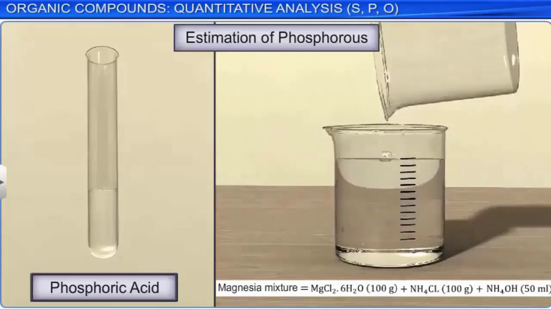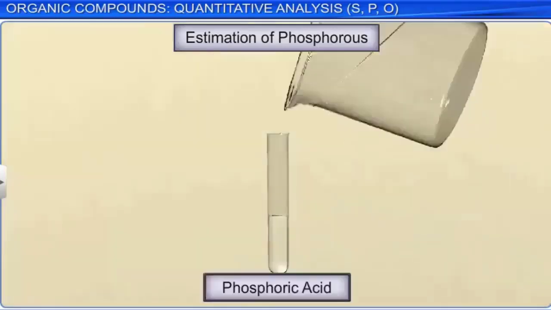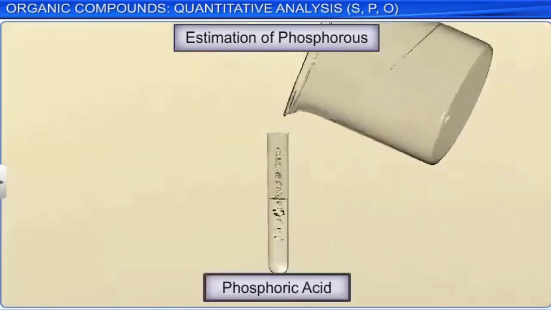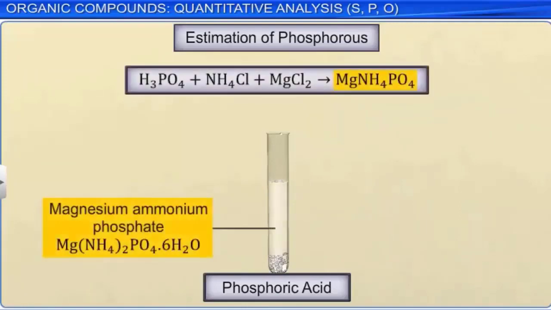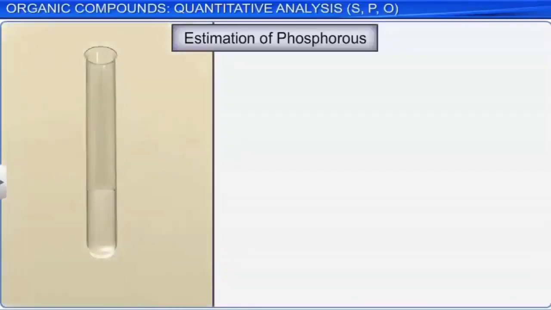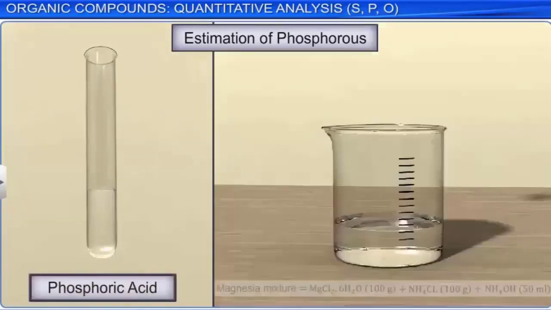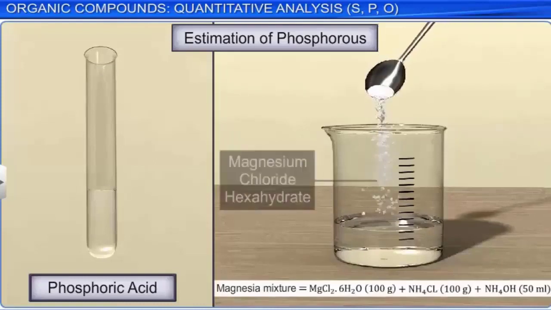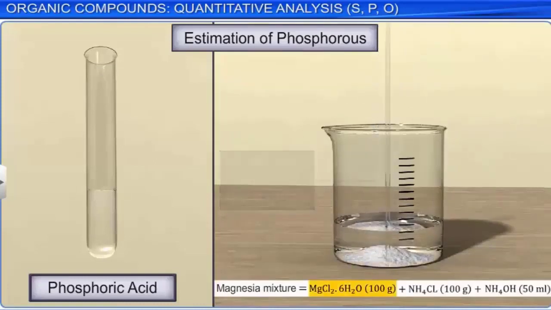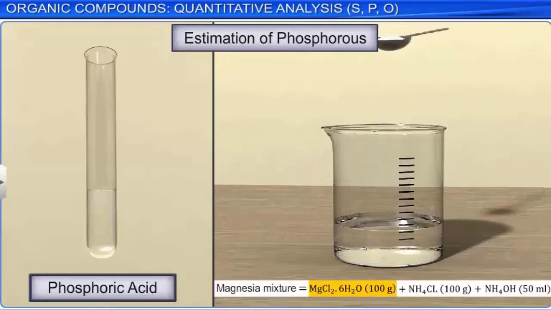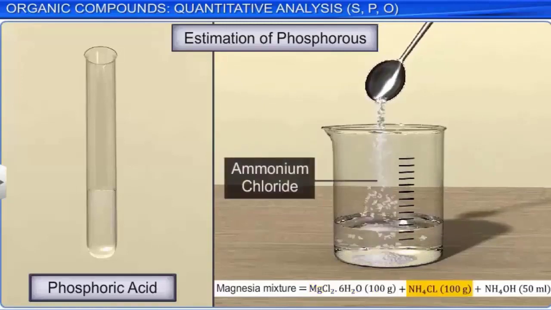On adding magnesium mixture to phosphoric acid, a precipitate of magnesium ammonium phosphate is formed. This precipitate is filtered, washed, dried, and then ignited to produce magnesium pyrophosphate. From the weight of magnesium pyrophosphate, the weight of phosphorus can be estimated.